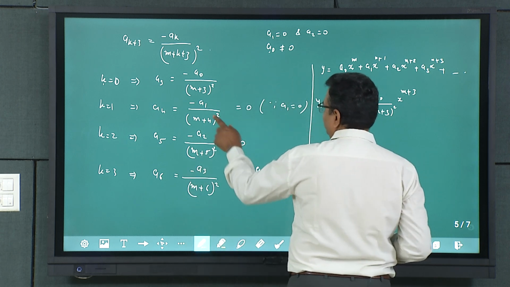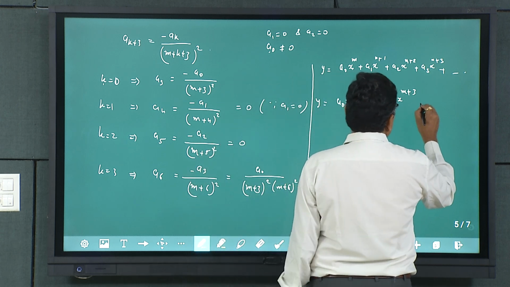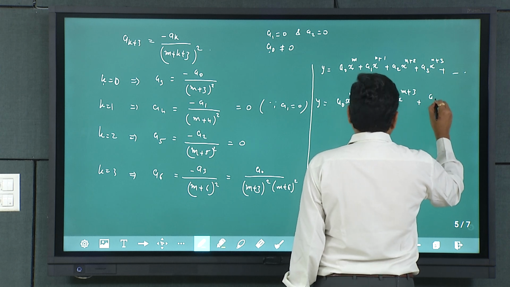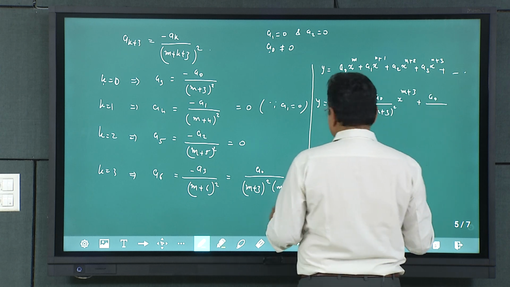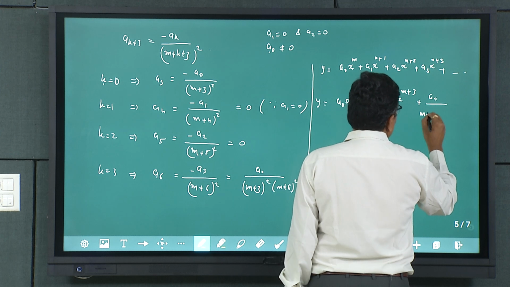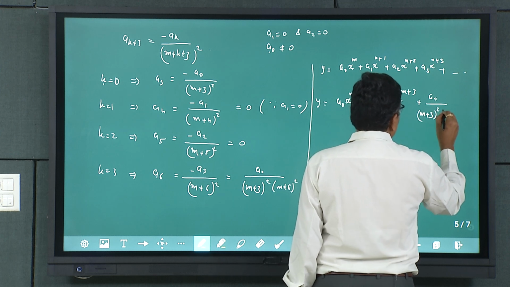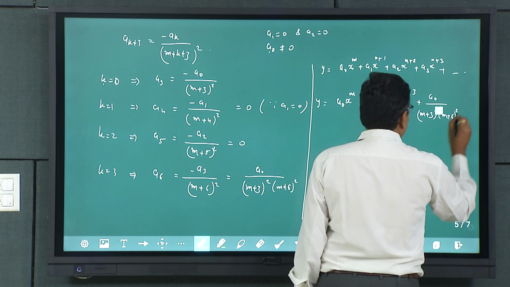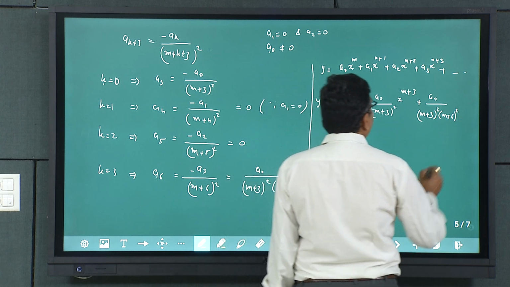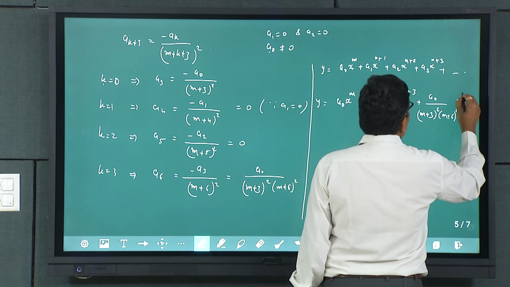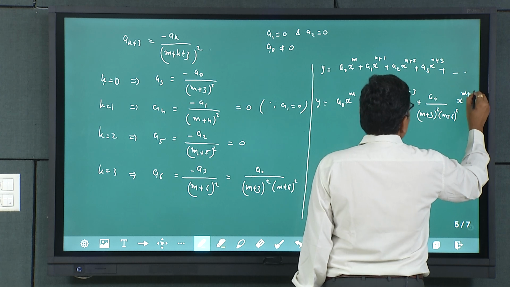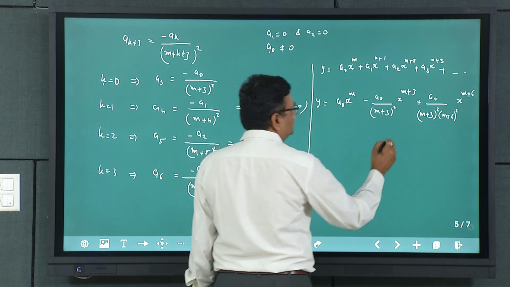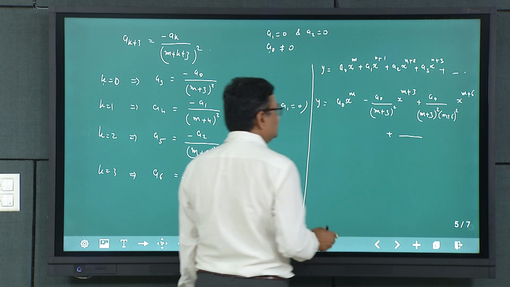Then a4, a5 are 0, a6 is there, so plus a0 upon (m+3) whole square (m+6) whole square into x raised to the power m+6, right, and so on. So this is my y.